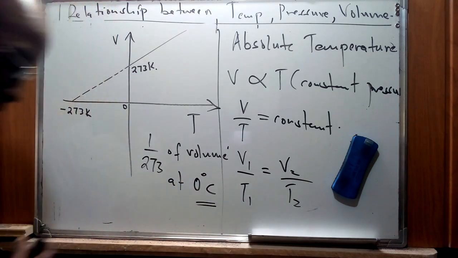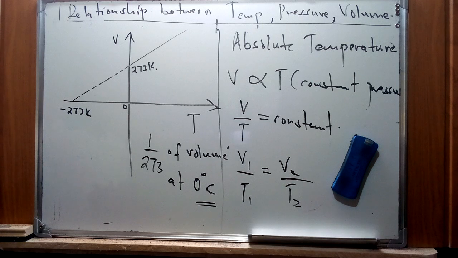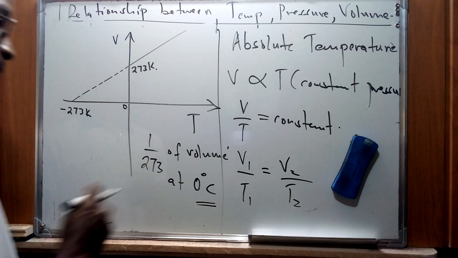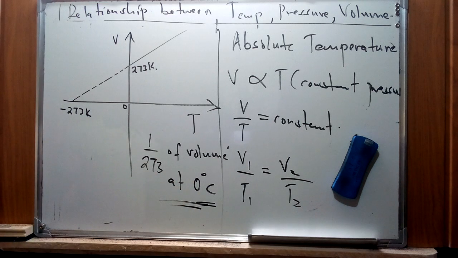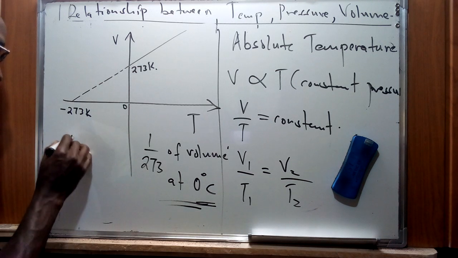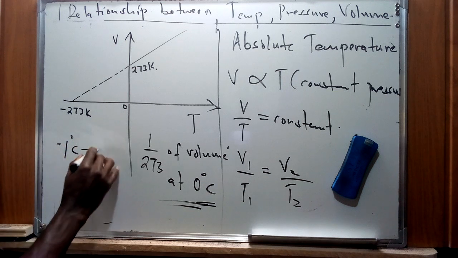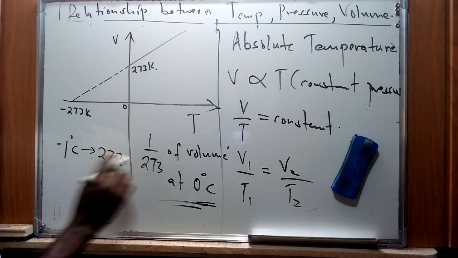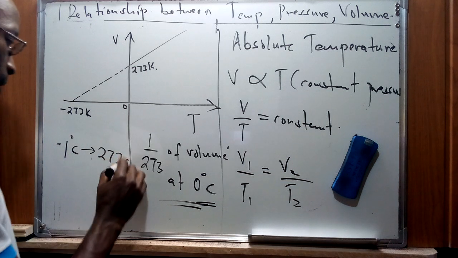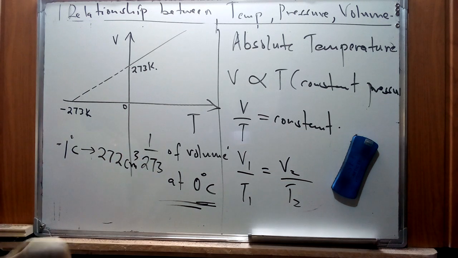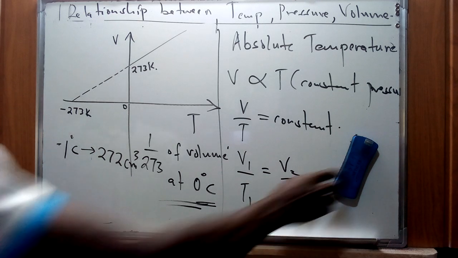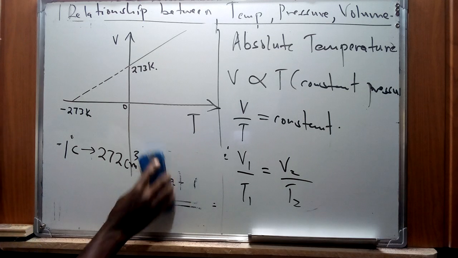So whenever we are talking about 0 degrees centigrade, I'm going to just use figures in order to represent it. But basically this implies that if the gas is at negative 1 degrees centigrade, then this is going to be 272 centimeter cubed of a gas. So I'm just going to use an illustration for an example to represent that, so that it is understood.